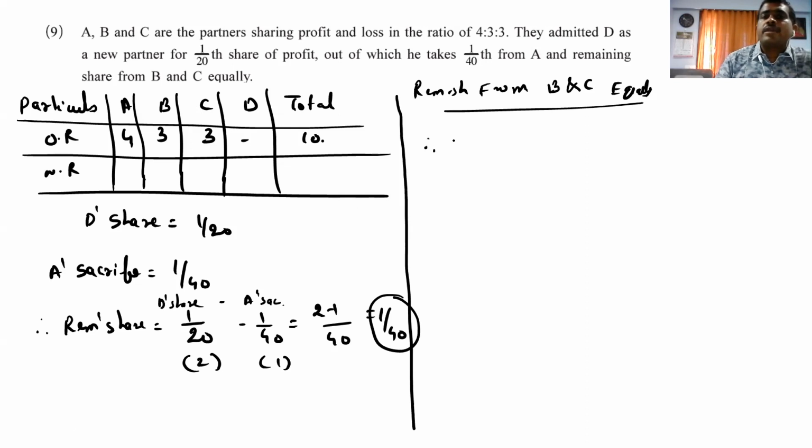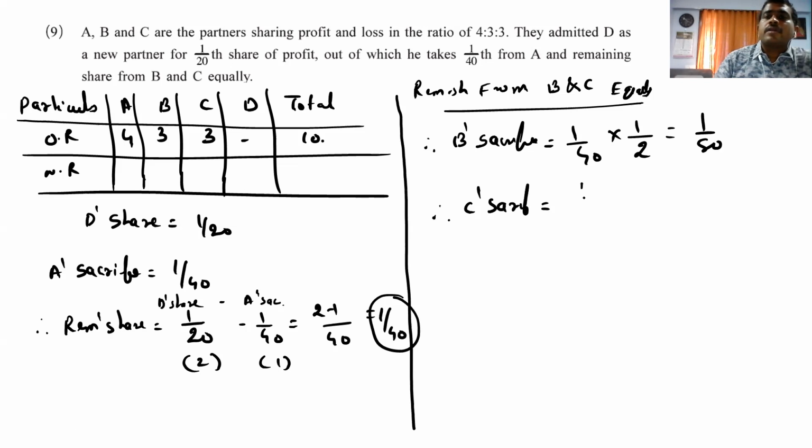So B's sacrifice is equal to 1 by 40 remaining, and from that D is ready to give 1 by 2. So 1 by 80, right? In the same way C sacrifices 1 by 40 into 1 by 2, which comes to 1 by 80.